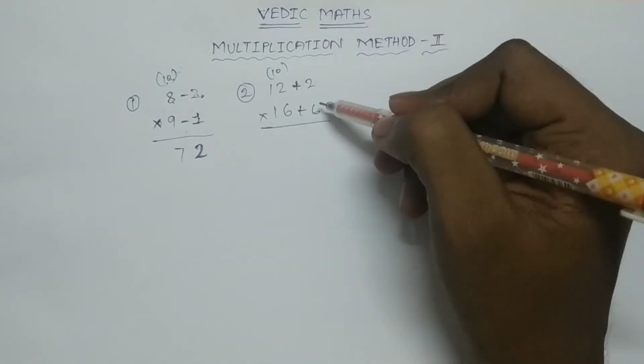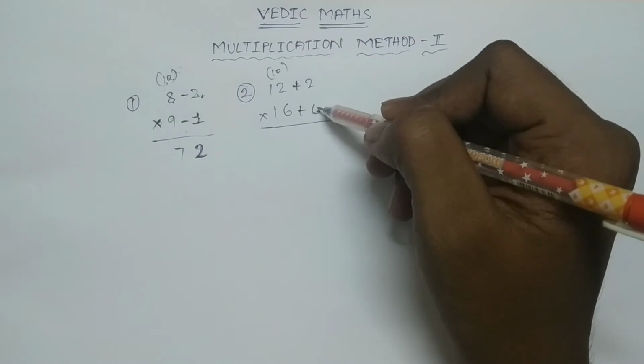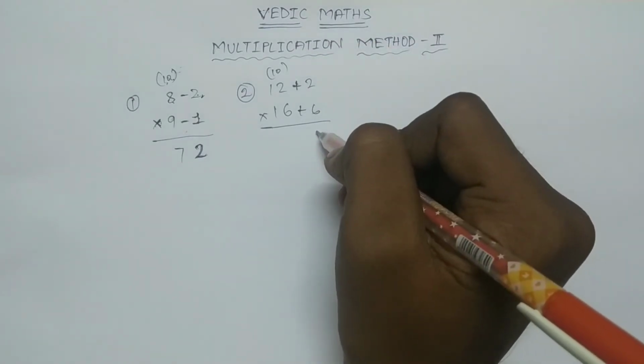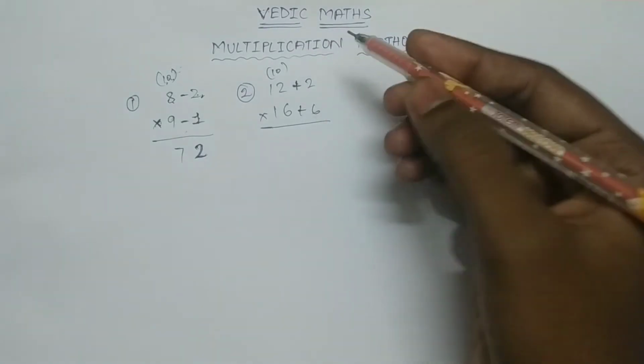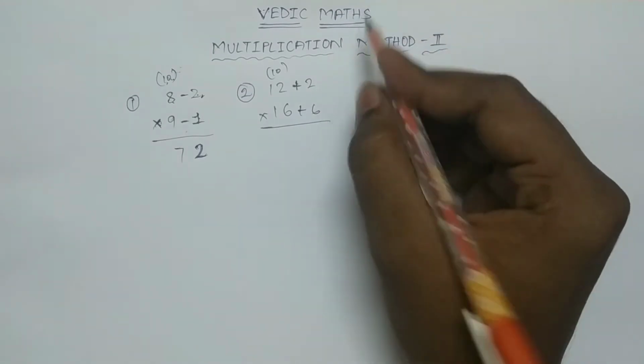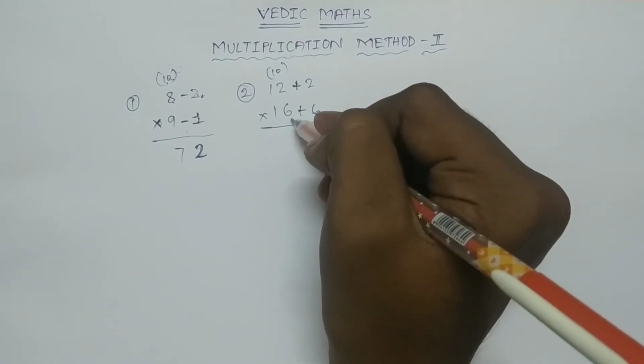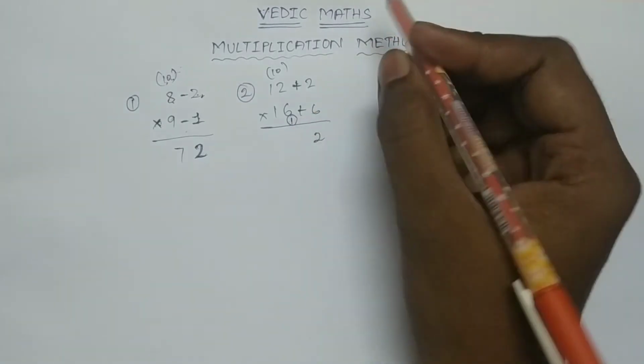The right side value will be obtained by the multiplication of 6 and 2, so it will be 12. The right side value must be a single digit, so the answer must also be a single digit. So from 12 I am taking 2 and I am carry forwarding 1 to the next value.